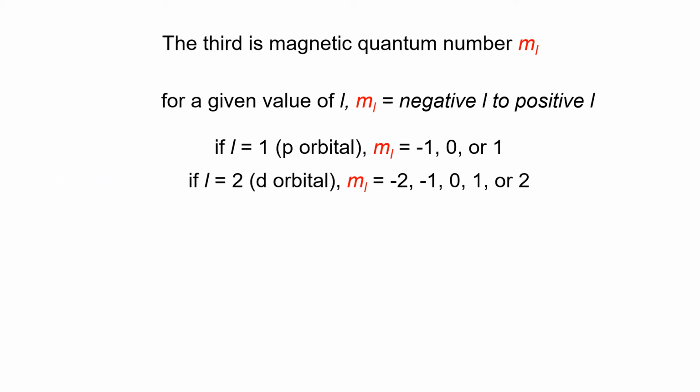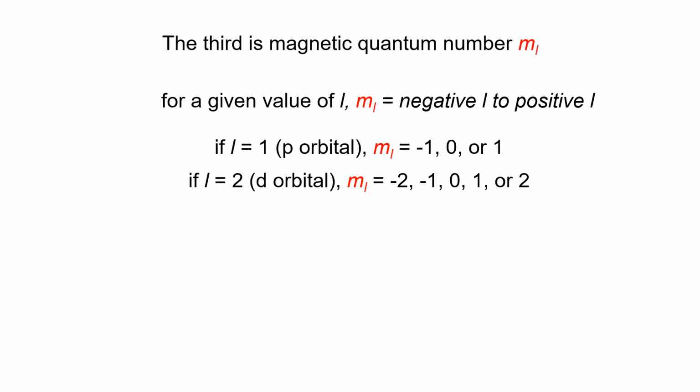If l equals 2, which specifies a d orbital, ml can be negative 2, negative 1, 0, 1, 2. We haven't discussed l equals 0, but clearly if l equals 0, ml can only be 0. If l equals 3, it follows that ml can range between negative 3 and positive 3.